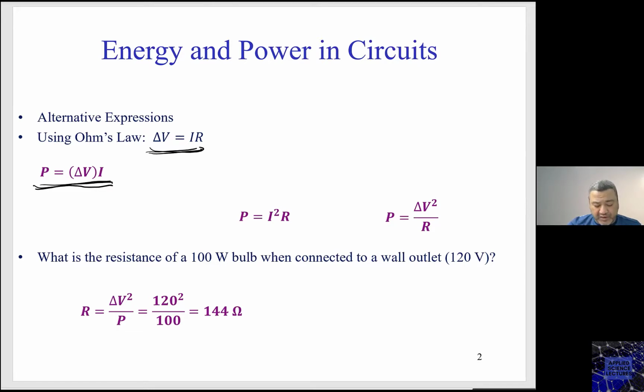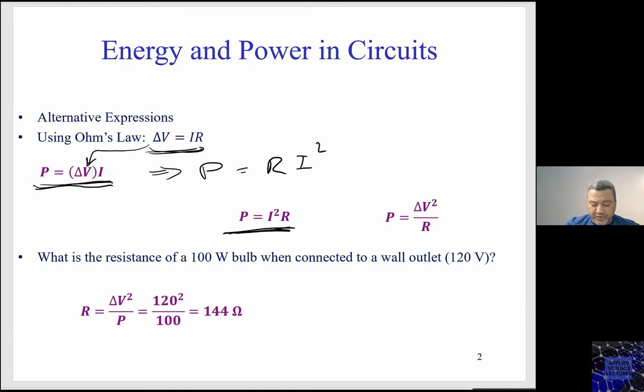If we take this power and use Ohm's law to substitute the potential difference here, what do I get? If I substitute the potential difference with IR, I get I squared R, or RI squared.